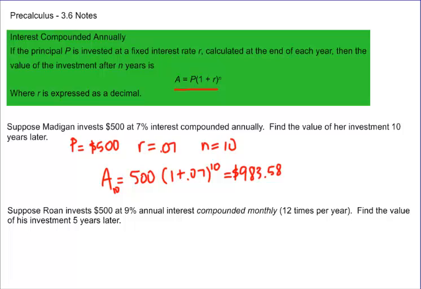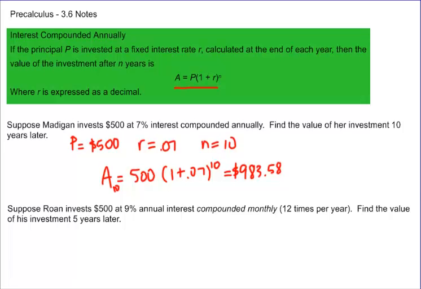Okay, and so that's how you use this compound interest formula. This is the simple way to do compound interest, and that's how much money you would grow. So your money would almost double over a 10-year period, without you touching it at all or adding to it, just letting it ride on 7% interest.